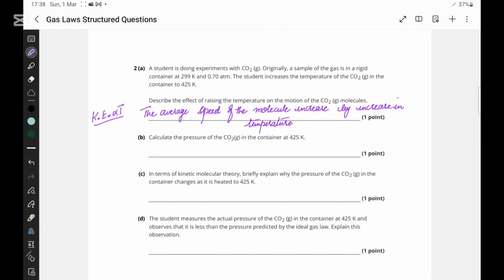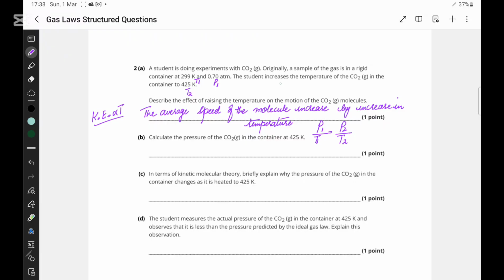So the next question says calculate the pressure of CO2 gas in the container at 425 Kelvin. First of all, we are given different things. The formula for that is P1 divided by T1 is equal to P2 divided by T2. P1 here is 0.7 atm, T1 is 299 Kelvin, and T2 here is 425.